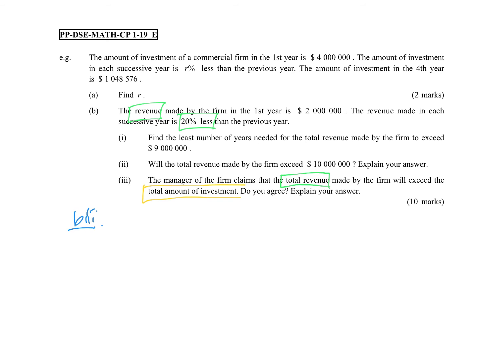A company cannot keep investing without making profit, without making revenue. So about the amount of investment, what was R? R was the value of R in part A, which is 36.